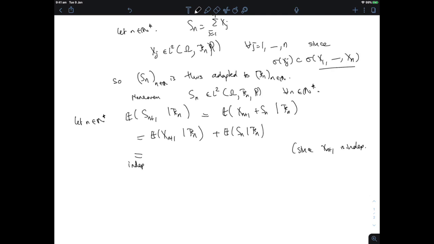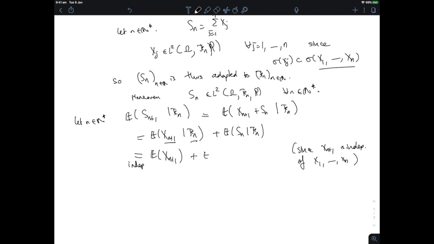Actually, all of the other xj's. It's independent of x1 till xn. So it's independent of the sigma algebra generated by that, by definition. And we've seen in a little exercise in the last chapter that when you take the expectation of a variable that is independent of what you're conditioning upon, then what you get is just the standard expectation of this variable.